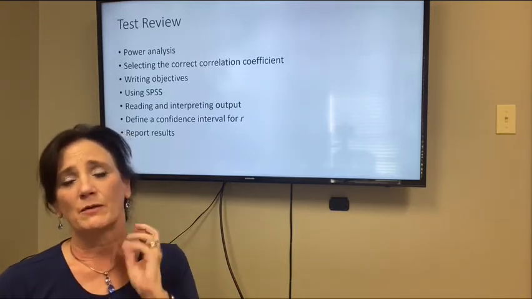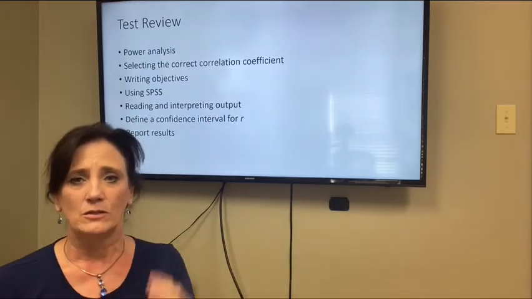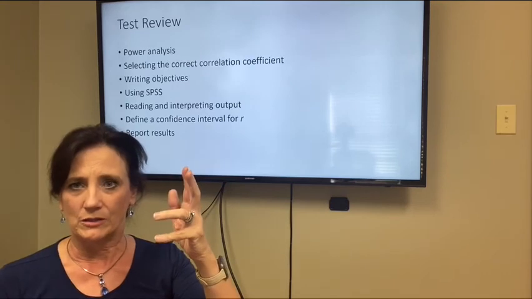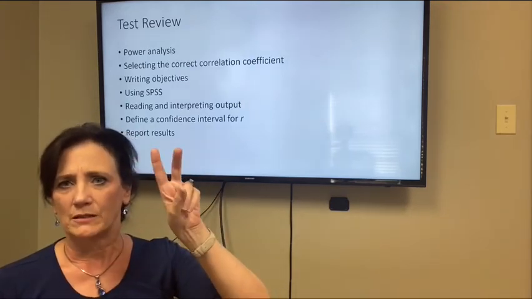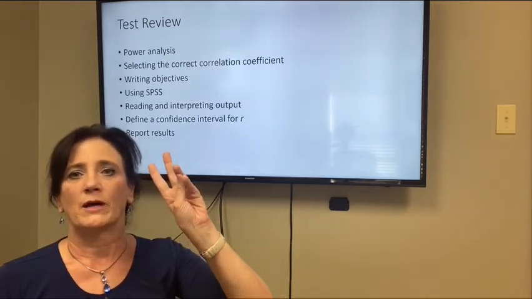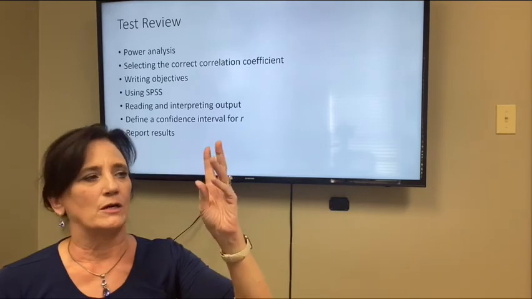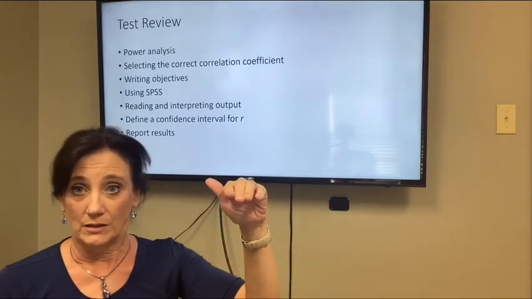I want to see you write new objectives that are based on your studies. So usually if I'm asking you to do that, I'm going to ask you to do a few things. I'm going to say, tell me about 2 variables in your study, and you'll have to name them. And you'll have to tell me what kind of variables they are, dichotomous, ordinal, or continuous. And then you'll have to write the objective.